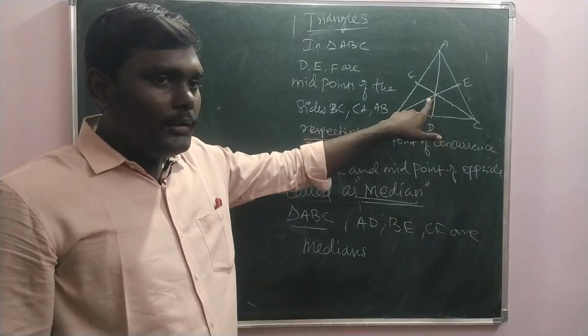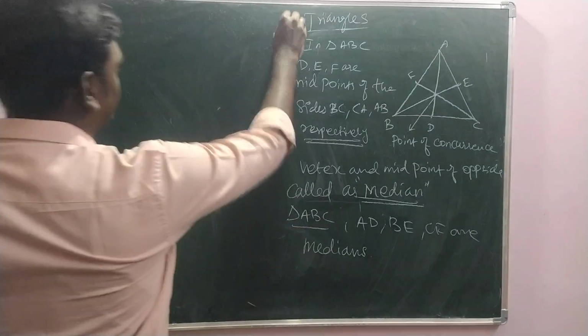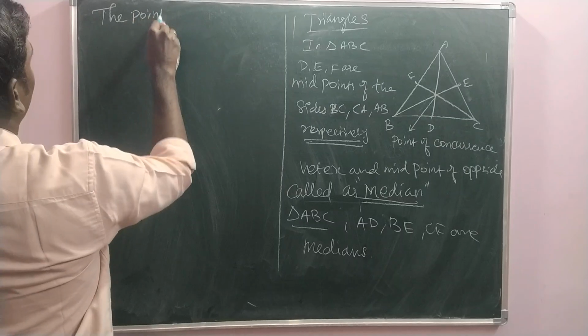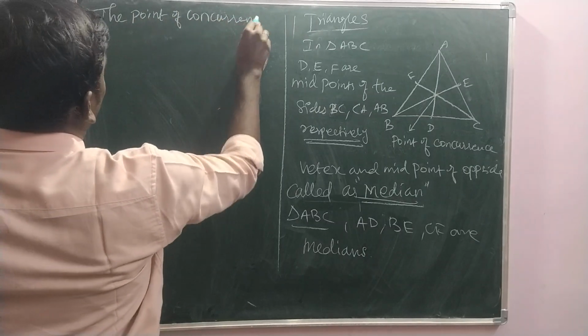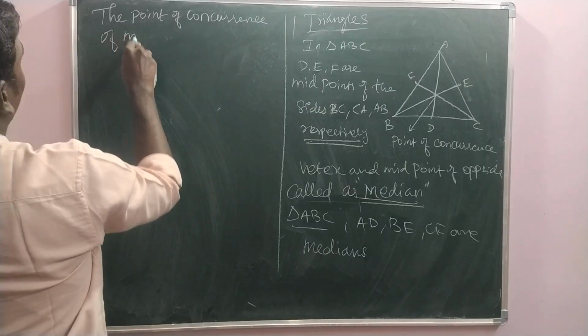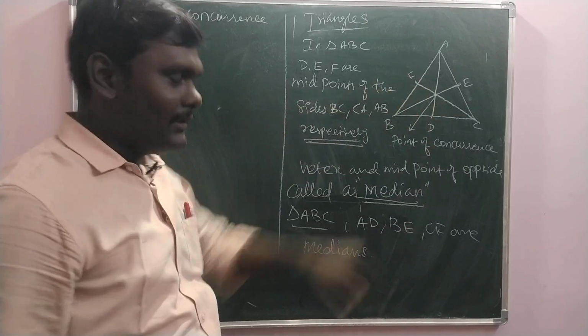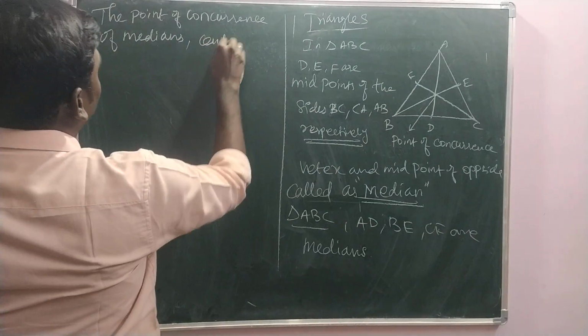The point of concurrence of the medians is called the centroid. Simply where all the medians meet, that meeting point is called the centroid.